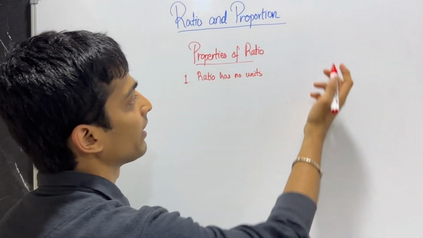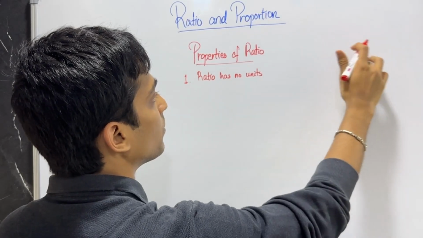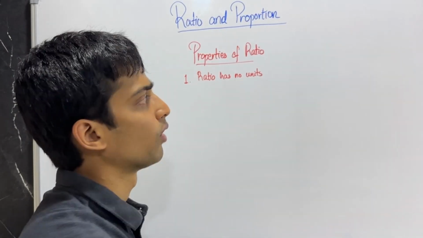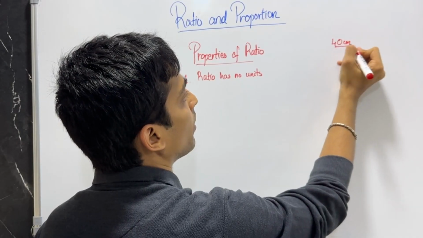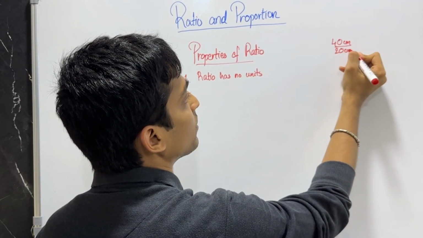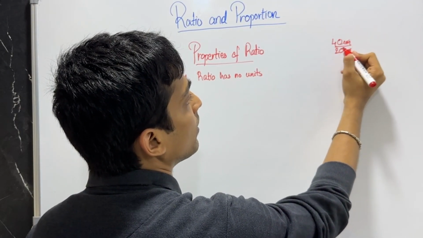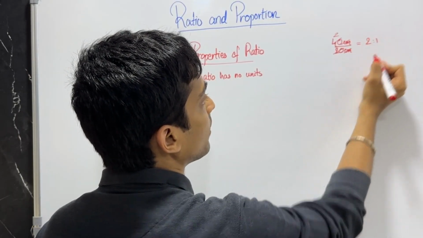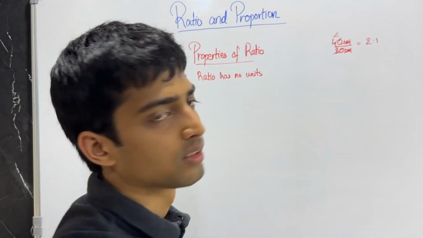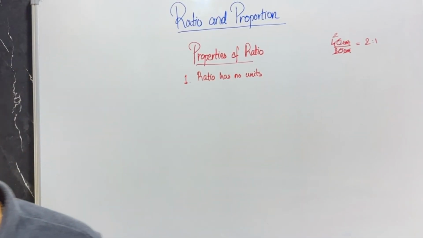Because when you calculate ratio, you divide. Let's say you calculate the ratio of heights of two people. So let's say you calculate 40 centimeter upon 20 centimeter. So the units also get cancelled out. So you get 2:1 and there are no units. So ratio doesn't have any units.